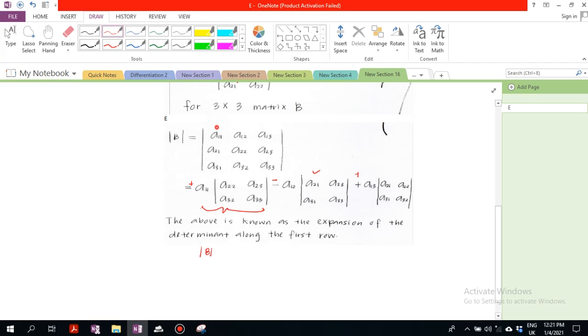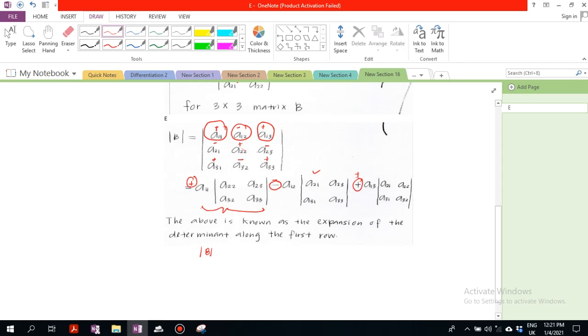For example, positive, negative, positive, then negative, positive, negative. So that's why when you take A11, the first will be positive. Then when you take A12, it will be negative. Then A13 will be another positive.